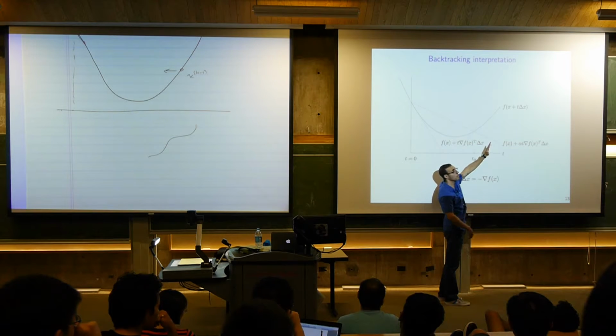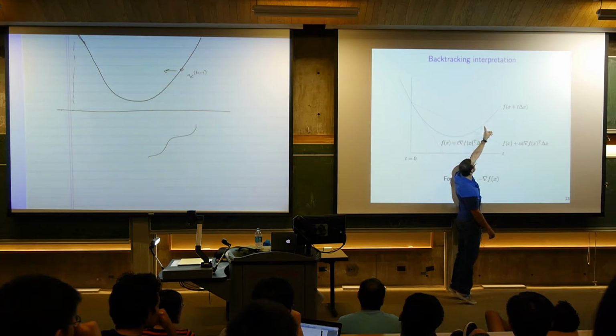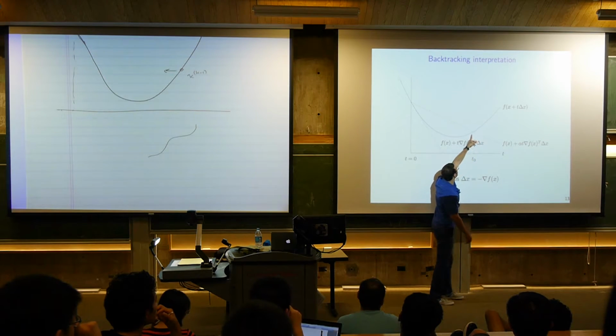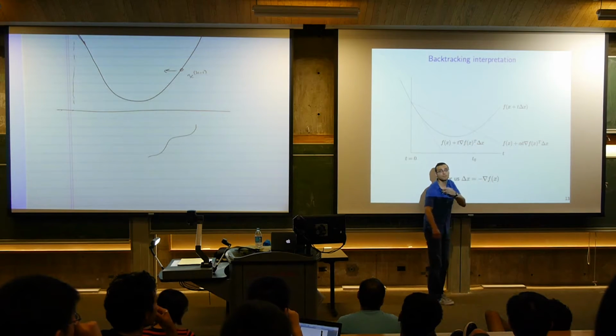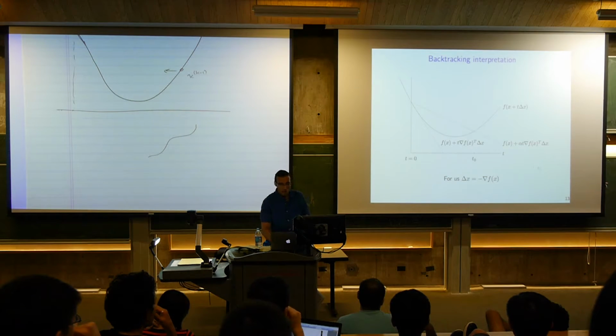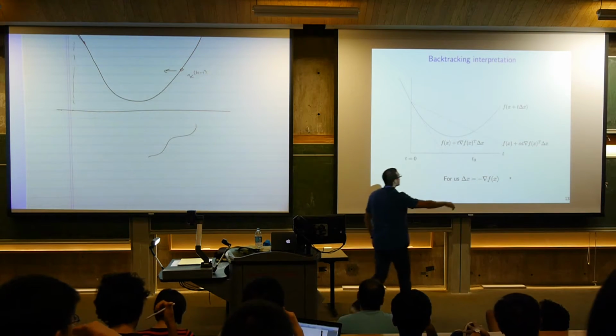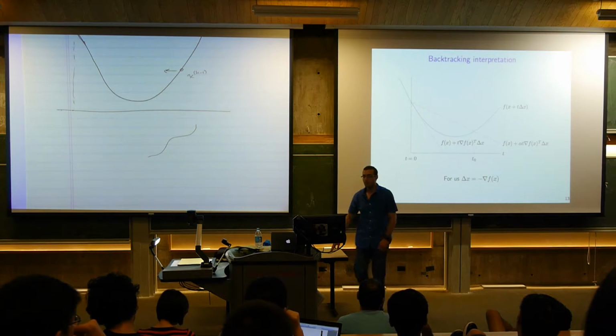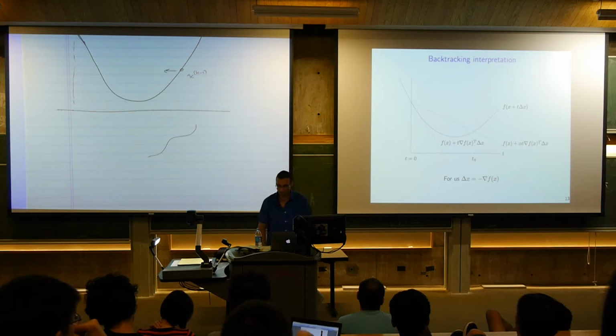Suppose we multiply by 0.9. That might put us here, and again we compare it to the linear approximation. It's still too big. Multiply by 0.9 again, and maybe it gets us somewhere here. Finally we've progressed an amount that's smaller than or equal to what we think we should be doing with respect to this linear approximation, and then we take that step size.